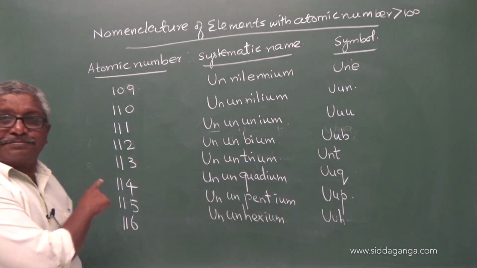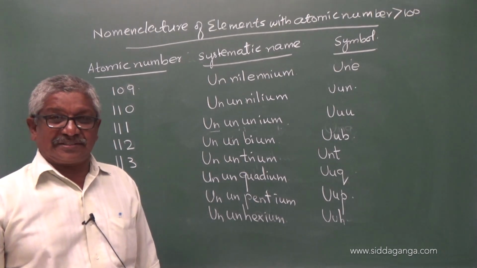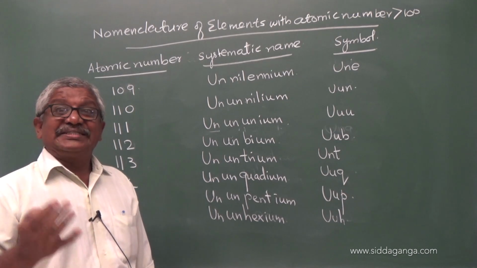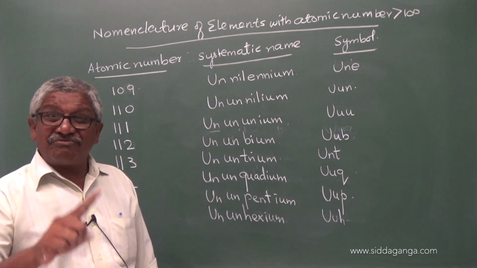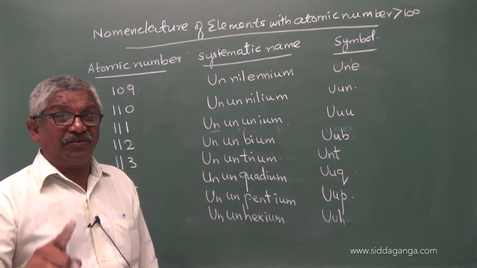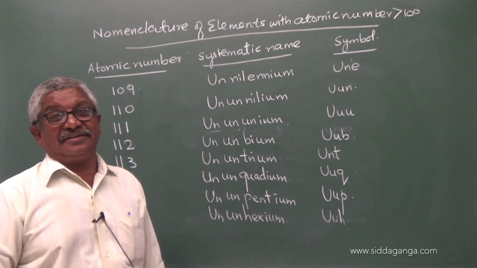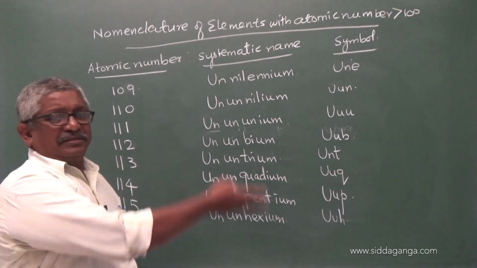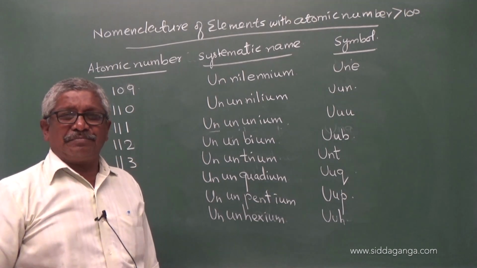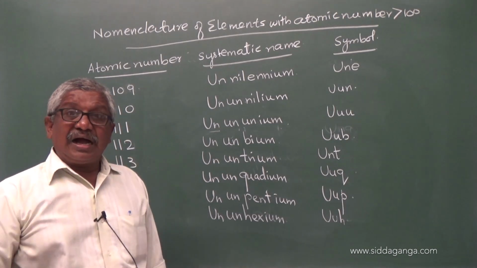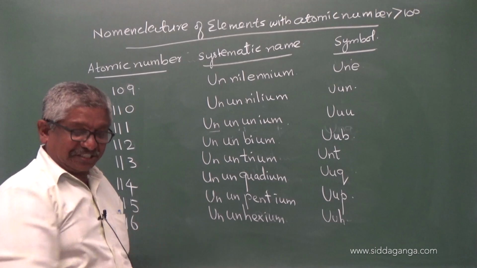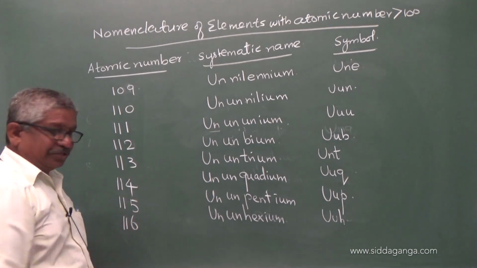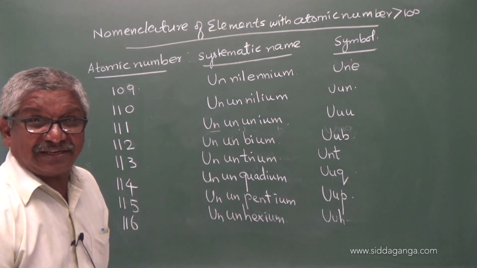Now up to 120 elements we will write systematic names by using the Latin words of all the digits. For that, the IUPAC names for the identified elements, writing after completion of this, you note it up to 116.